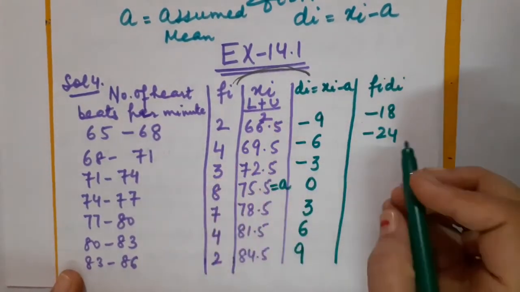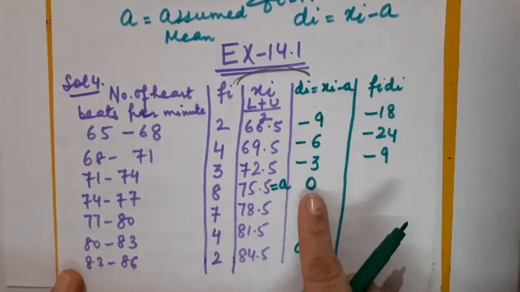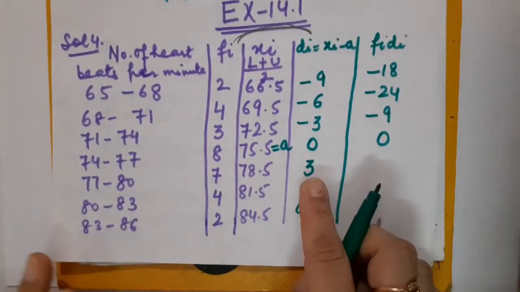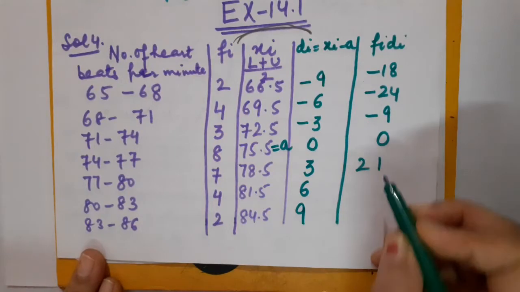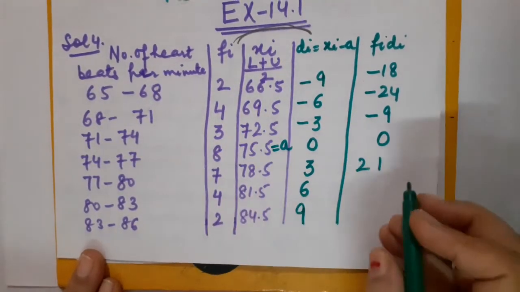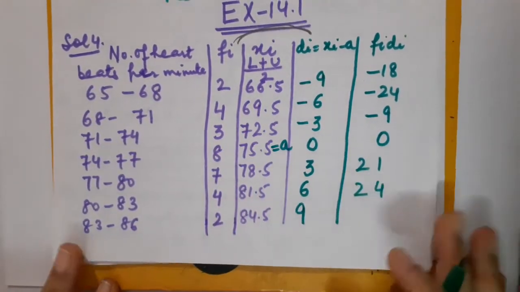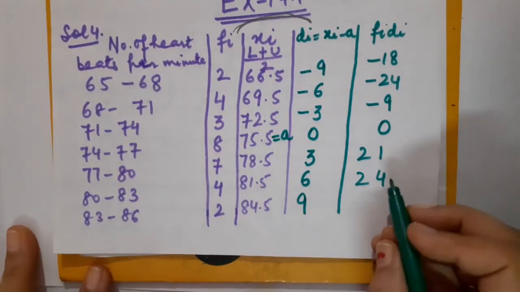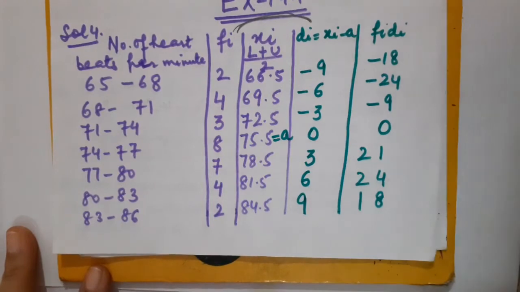Minus 3 into 3, minus 9. 0 into 8, 0. 7 3s are 21. 4 into 6, 24. And 9 into 2 will give you 18.